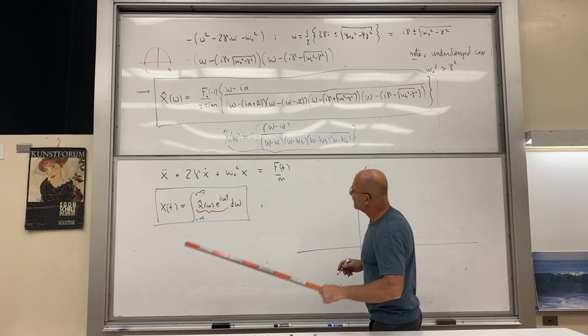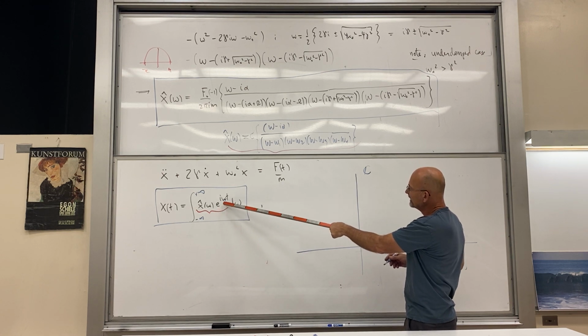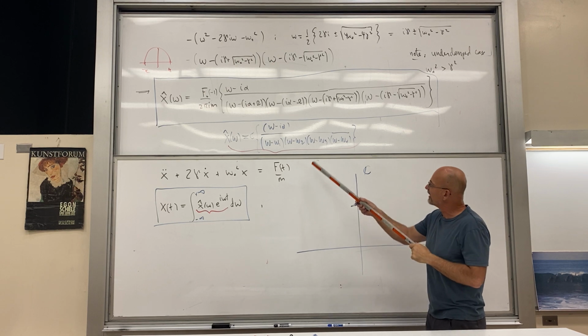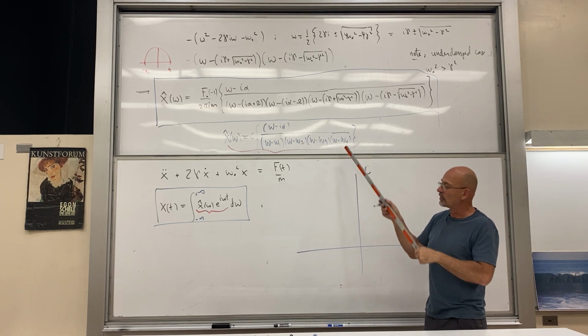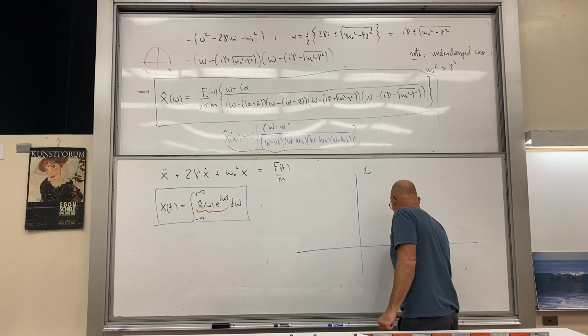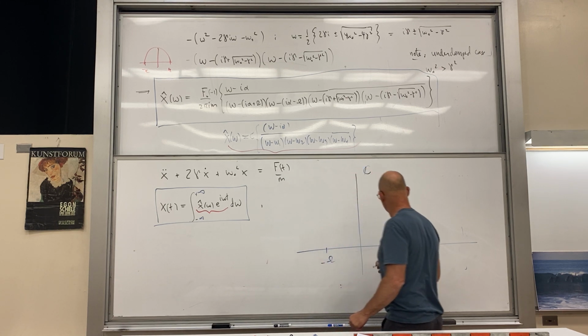We just have to do this integral. There's the integrand, x hat of omega, e to the i omega t. So we clearly have 1, 2, 3, 4 poles. And again, I'll call this the positive driving frequency, negative driving frequency.